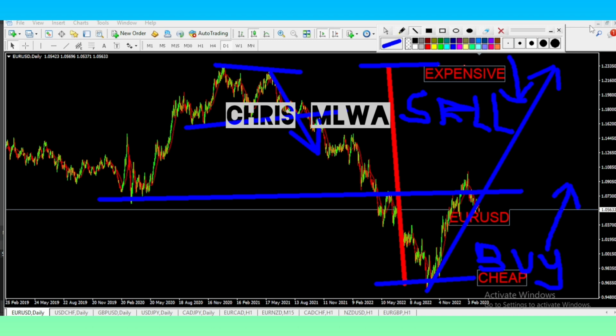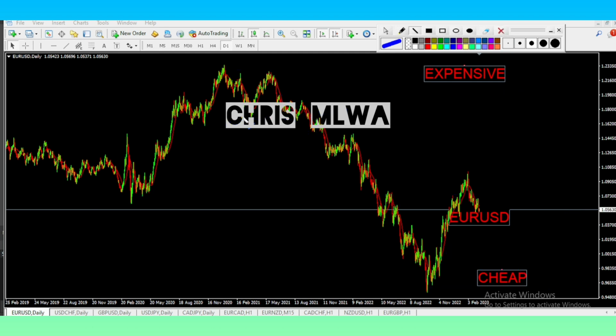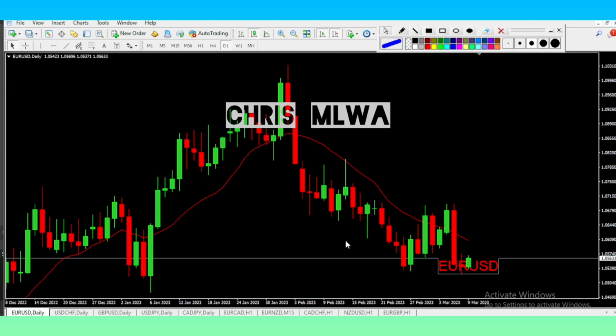Now that is an annual prediction from the daily time frame. Allow me to delete all this. I think you have got that, so you can move to the next step. Now when I talk about daily time frame, this candlestick you are seeing here is 1 day, another one 1 day, this 1 day, this 1 day.